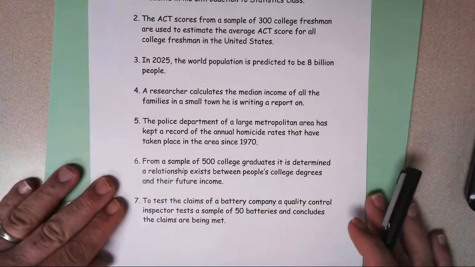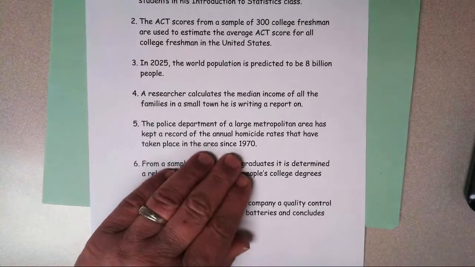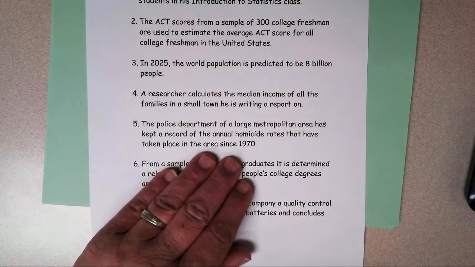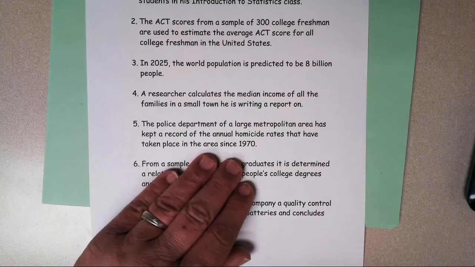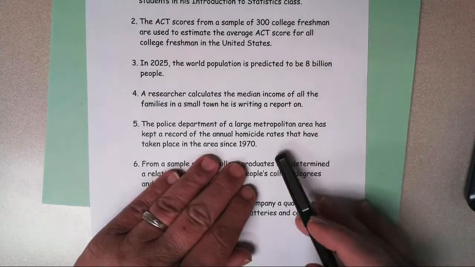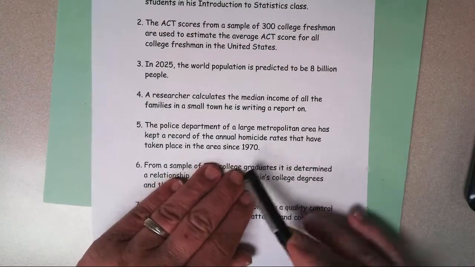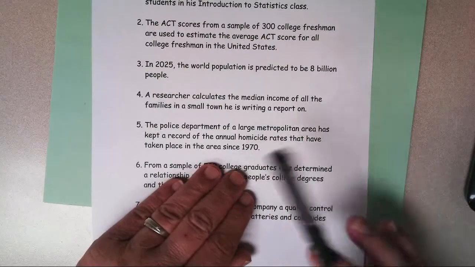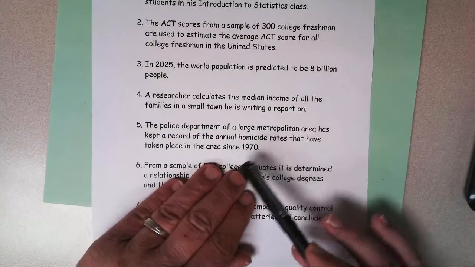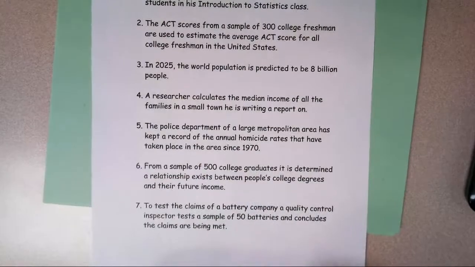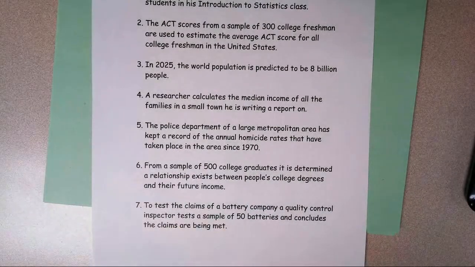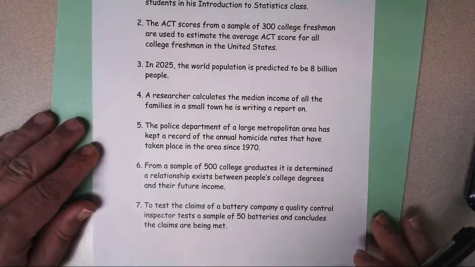This is just numbers that describe the data set, in this case the annual homicide rate. They're not taking a sample and inferring anything. Now, if the police department took a sample of 10 different years and used that to estimate what the rate has been, or to predict what the rate's going to be, then it would be inferential.